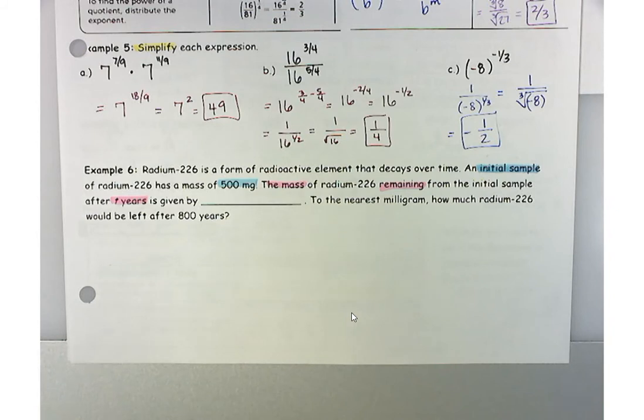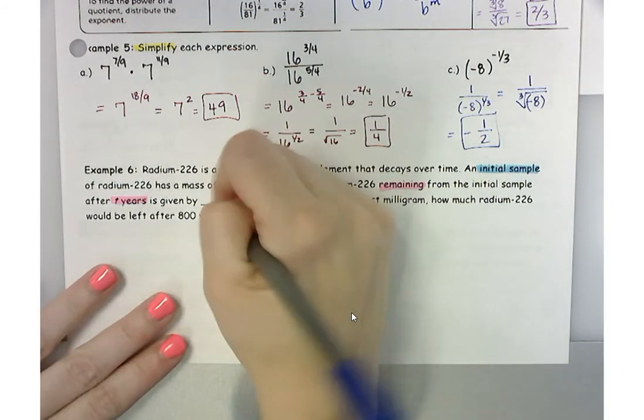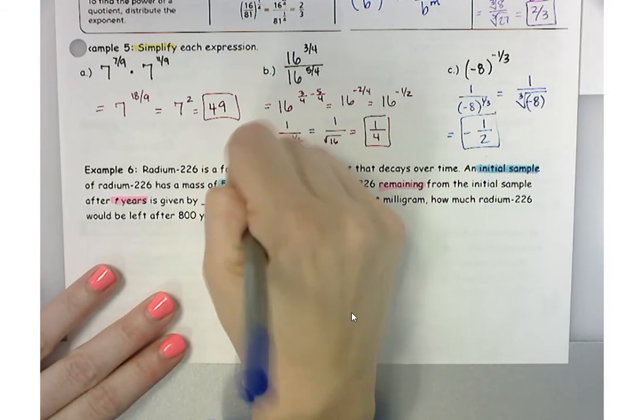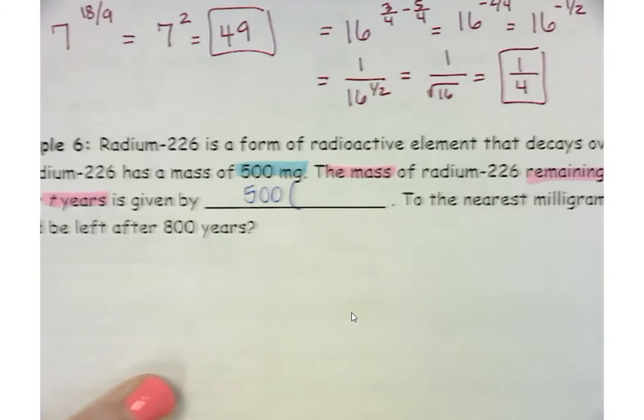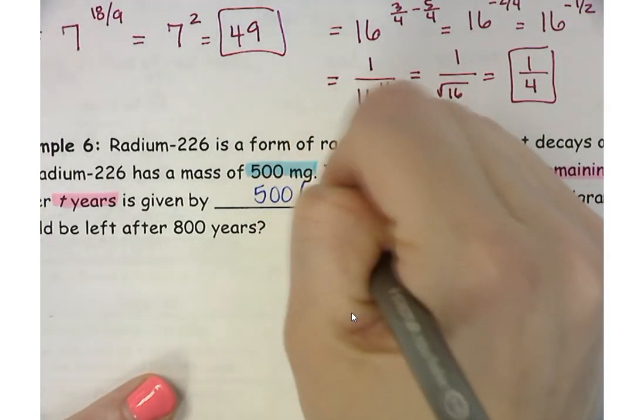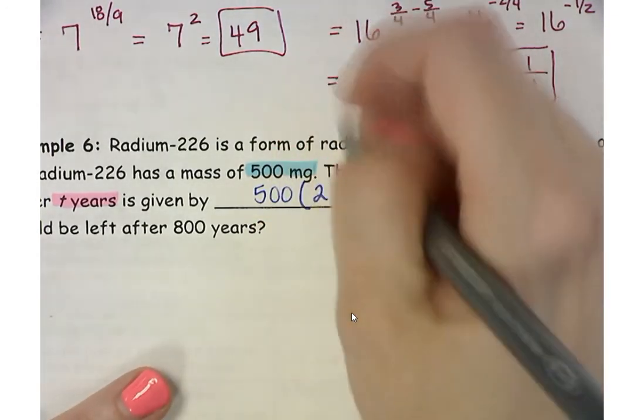Our question is, to the nearest milligram, how much radium-226 would be left over 800 years? And I'm just going to highlight this because this is telling me what I'm going to round to.